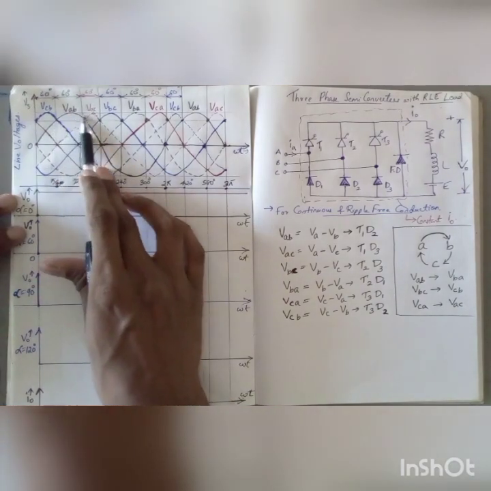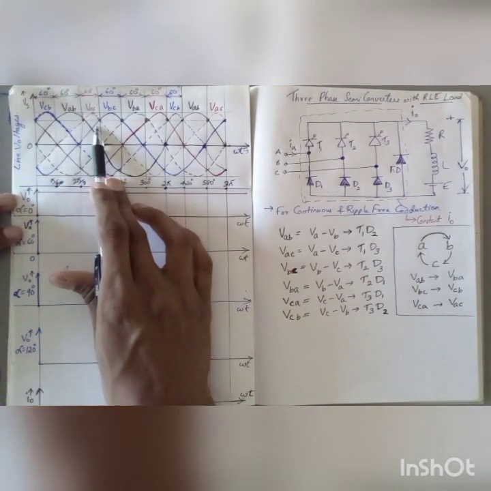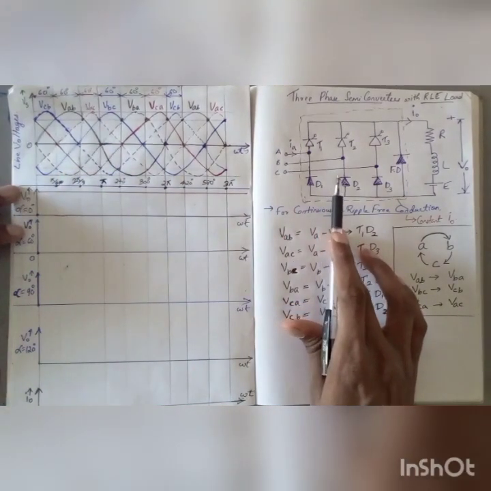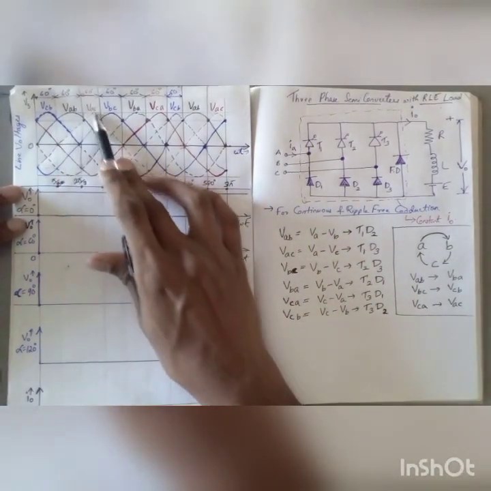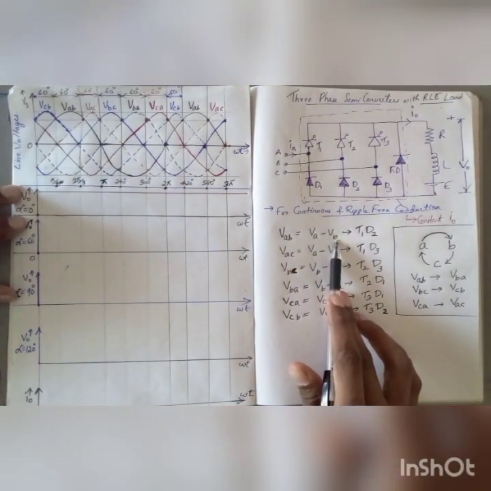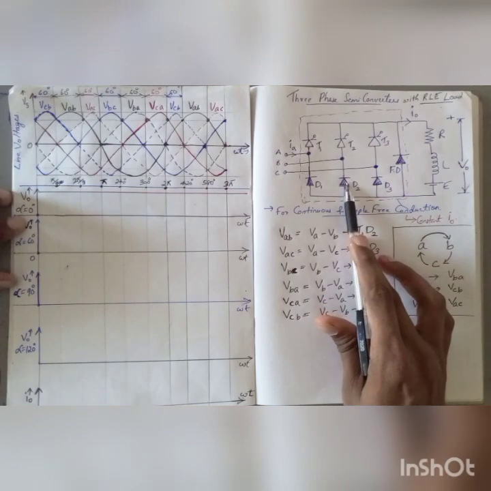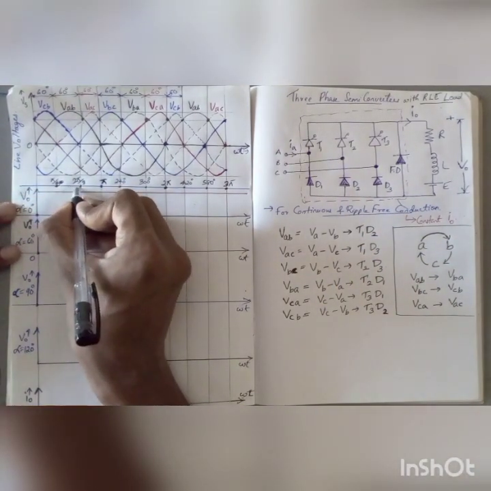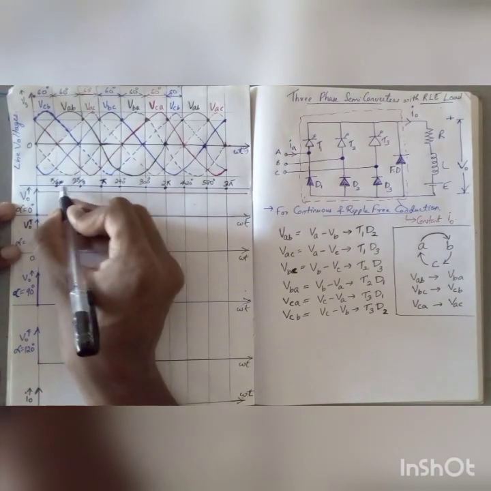My VAB is greater when compared to other voltages, so VAB will appear across my circuit. During VAB, it is VA minus VB. B is negative, which means D2 will be conducting during VAB, from pi by 3 to 2 pi by 3.